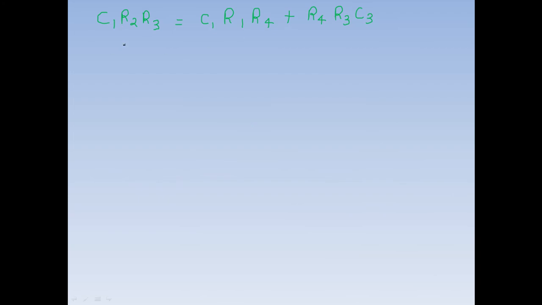From this, what you can get, R2 is equal to R1 R4 C1 in the denominator, plus R4 R3 C3, upon C1 R3.